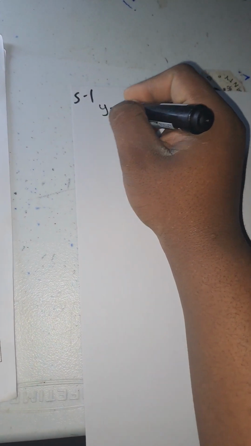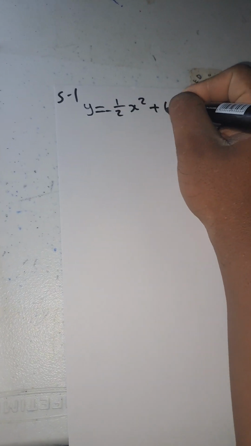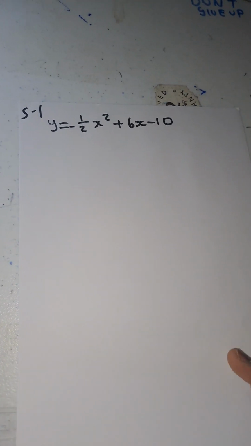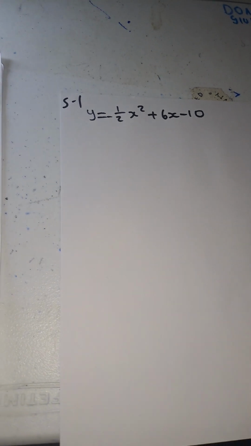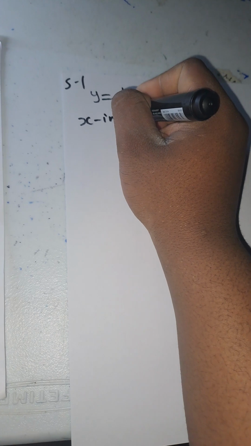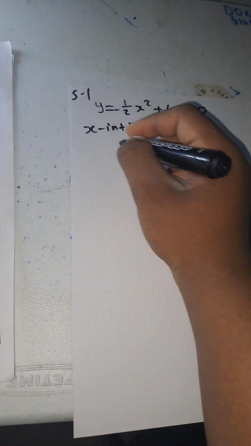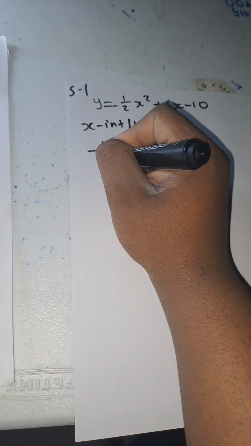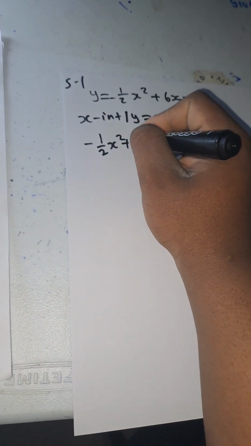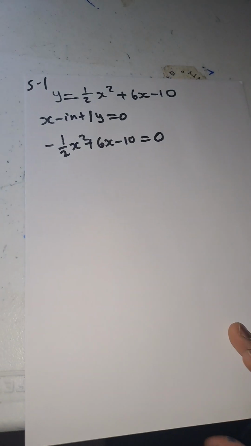My y equals negative 1 over 2x squared plus 6x minus 10. For the x-intercept, you let y equal 0. So it will be negative 1 over 2x squared plus 6x minus 10 equals 0.